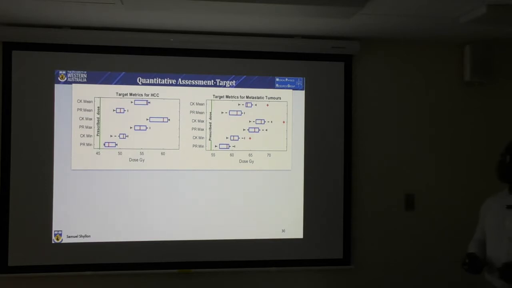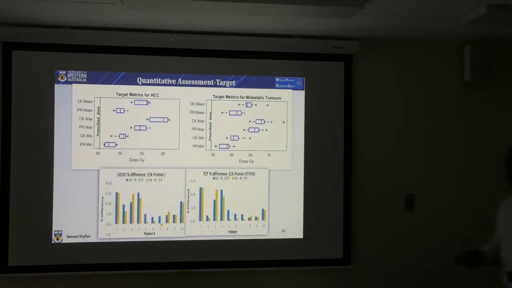For the quantitative assessment of the target, we can see that for all the plans, both the CyberKnife and the proton plans, they were all able to meet the prescription dose, but it is noticed that the CyberKnife plans were consistently hotter than the proton plans.